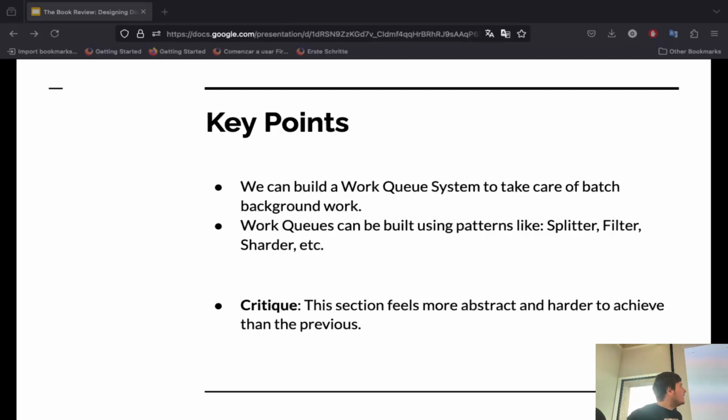So basically the key points are that we can build work queue systems to take care of batch background work, and these queues can be implemented with different patterns.